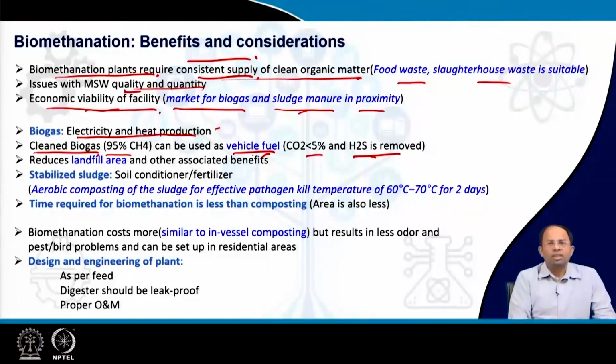Otherwise, it cannot be used as vehicle fuel. So additional cost is involved to convert this to vehicle fuel. But definitely this is much better than standard gasoline, diesel or petrol that we use, right? So this is a much more sustainable option, but of course it requires certain other steps beyond biomethanation.